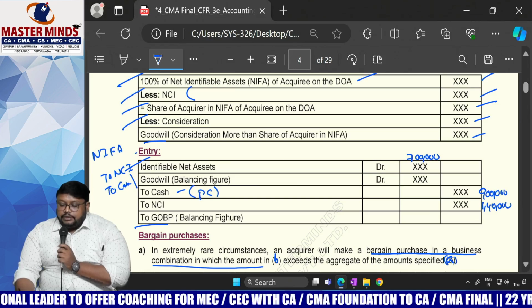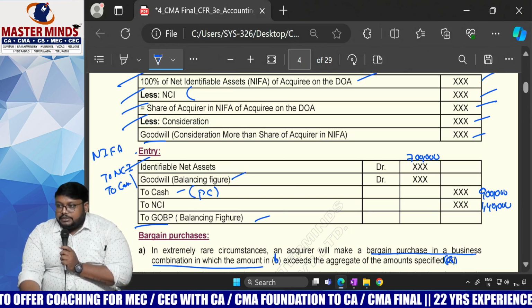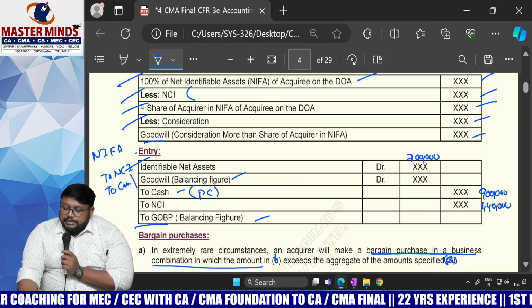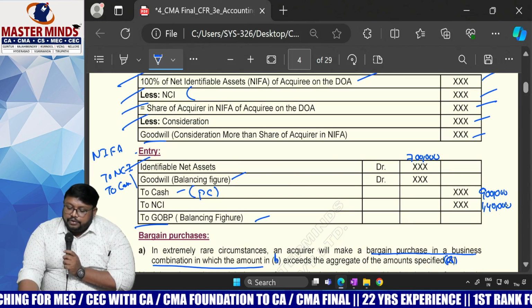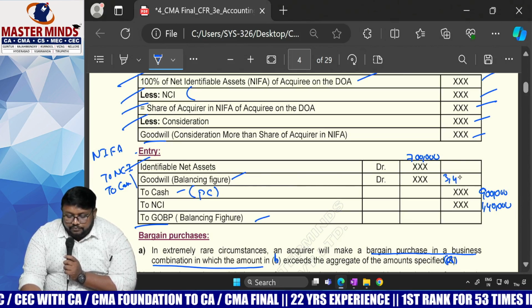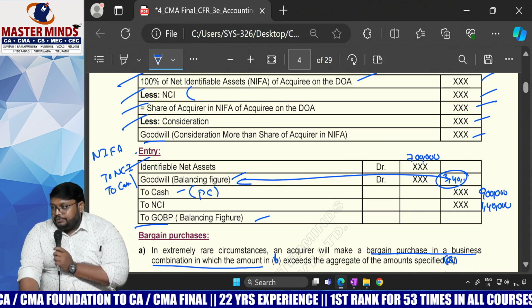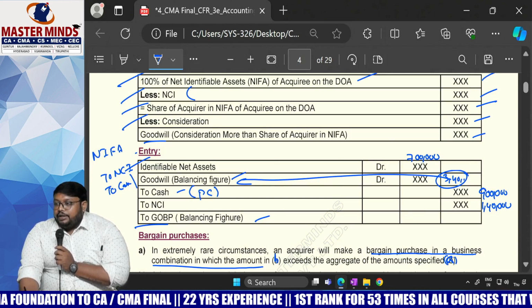So 9 lakhs and 1,40,000. The balancing figure: debit side means goodwill, credit side means gain on bargain purchase. The credit side is the highest amount, 10,40,000 minus 7 lakhs, so 3,40,000 is the goodwill in this case. Clear? Generally we frame the entries like that.